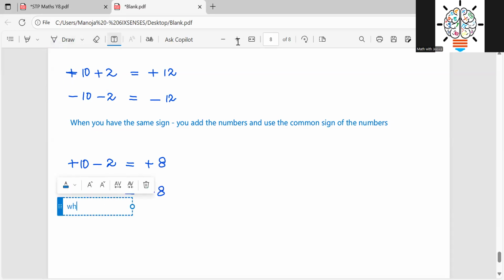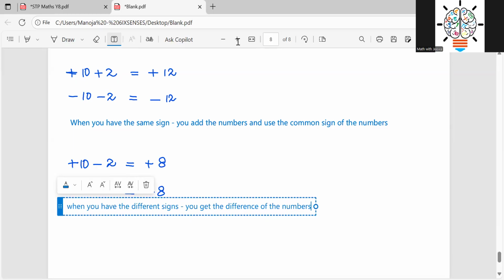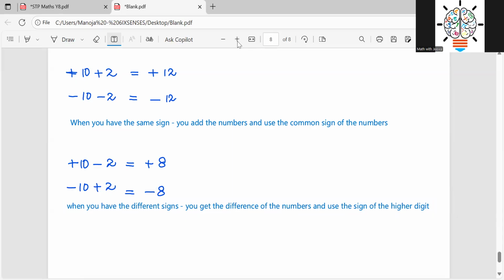When you have different signs, you get the difference of the numbers and use the sign of the higher digit. This is something you want to recall that we have done in grade 6 and 7, and you can pause the video and write down.